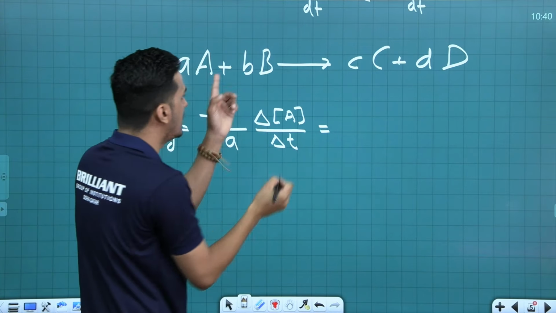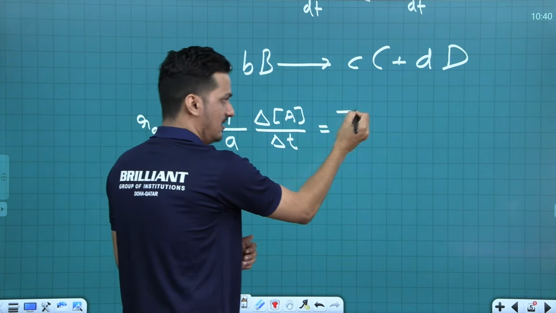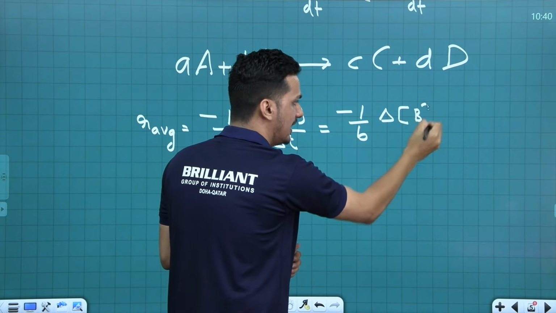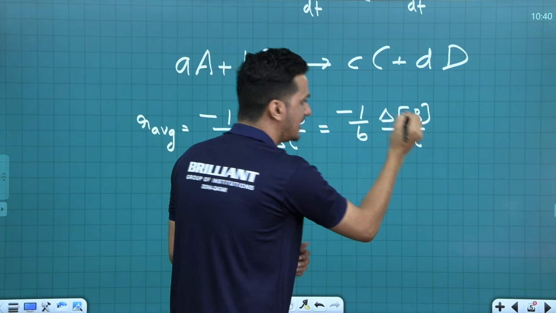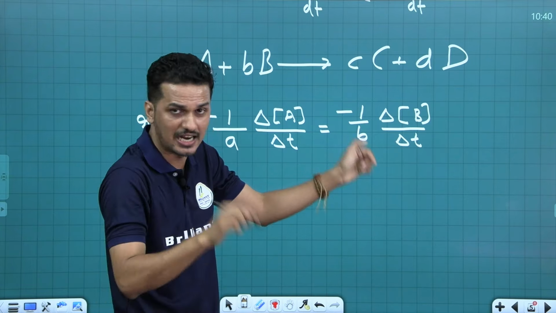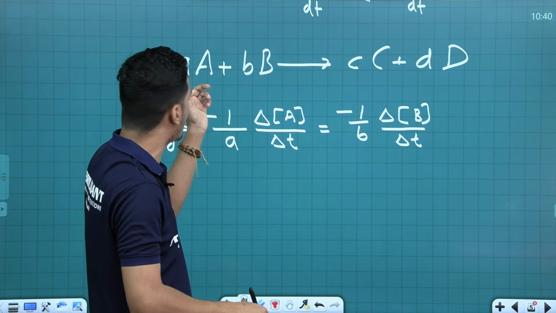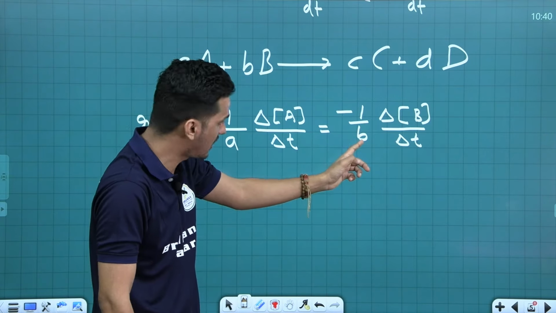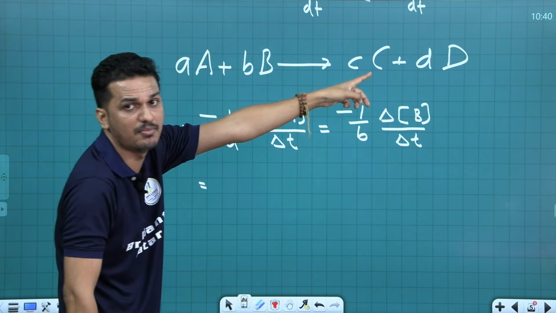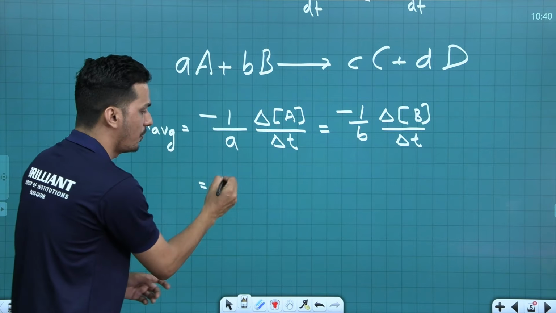Similarly, in terms of B, how can I write? Minus 1 by b, delta concentration of B divided by delta T. The stoichiometric coefficient will come as a reciprocal. And in terms of C, C is the product, so I have to put plus here.